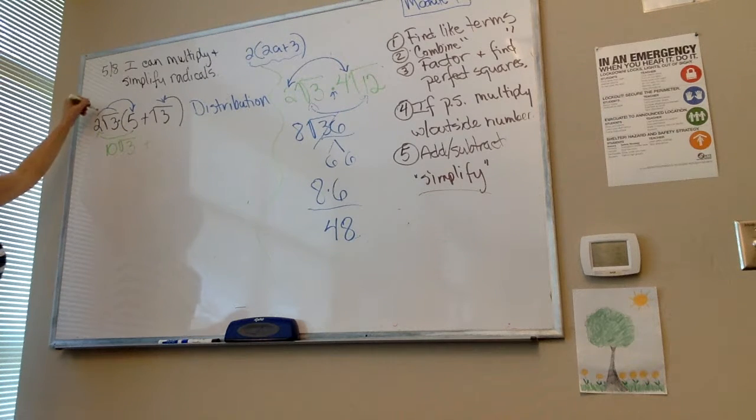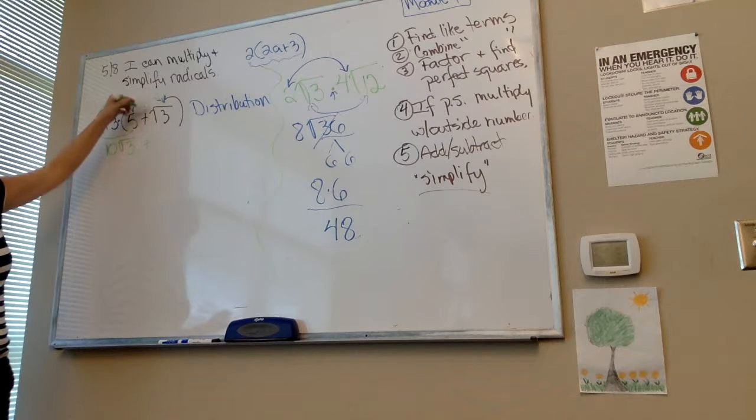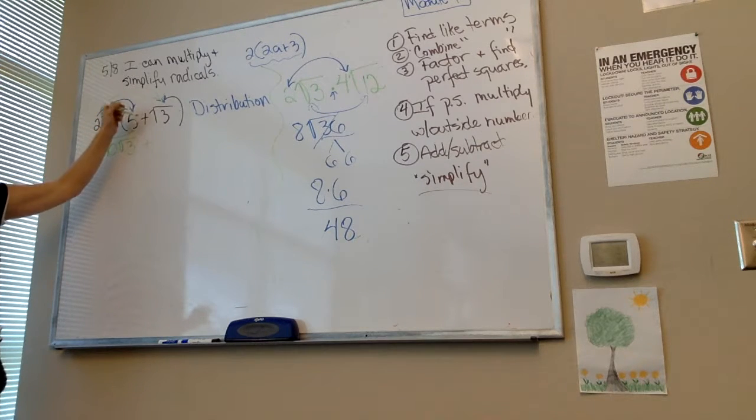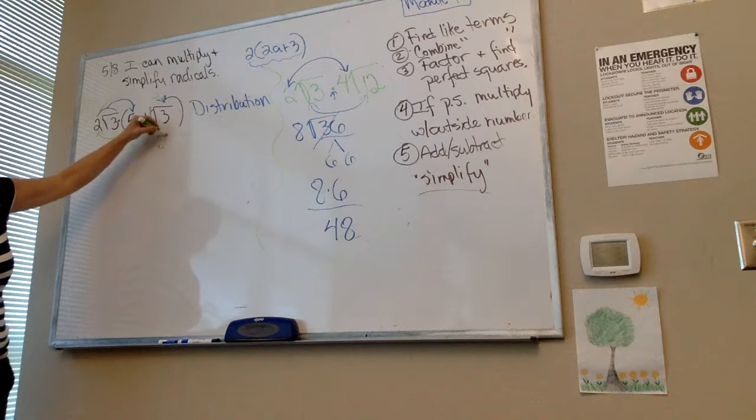How about this second term? So what coefficient do we have here? We have a 1. So 2 times 1 is 2.